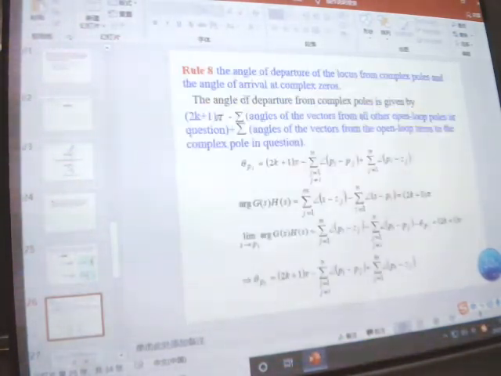Rule 8 is the angle of departure of the locus from a complex pole and the angle of arrival at a complex zero. The angle of departure from complex poles is given by this summation.